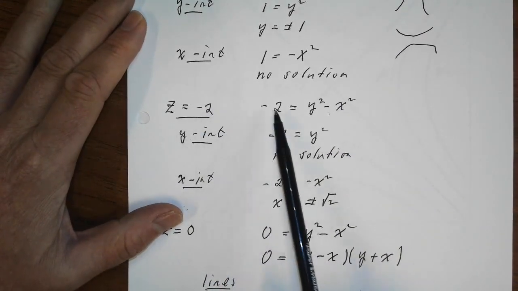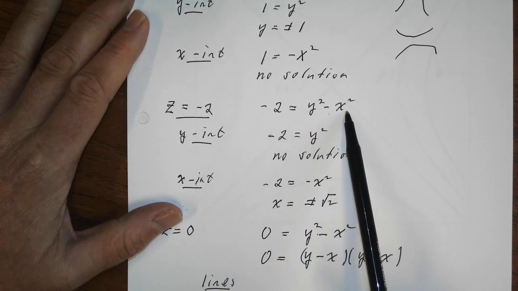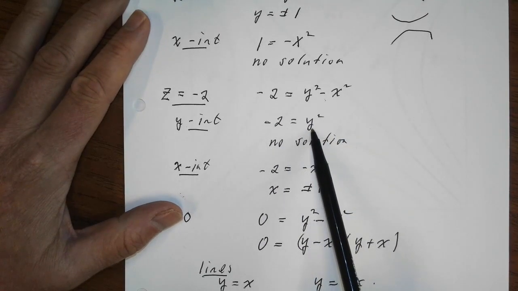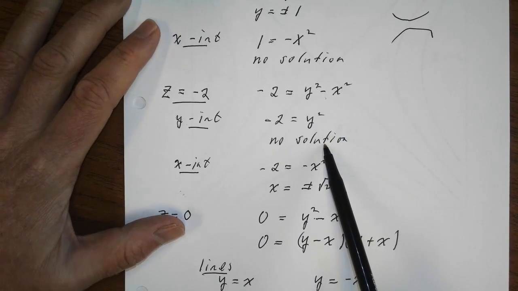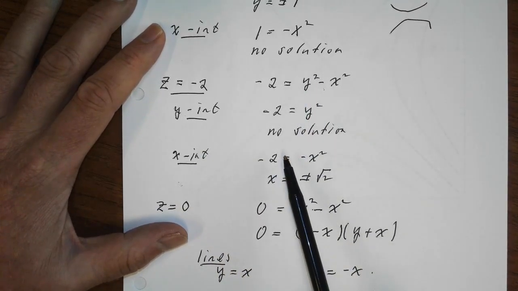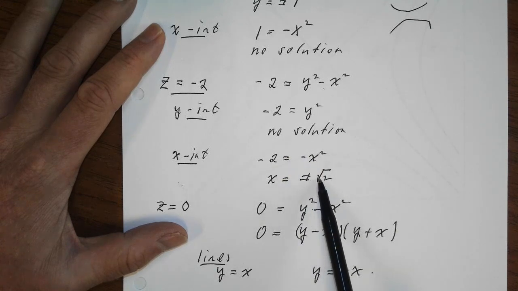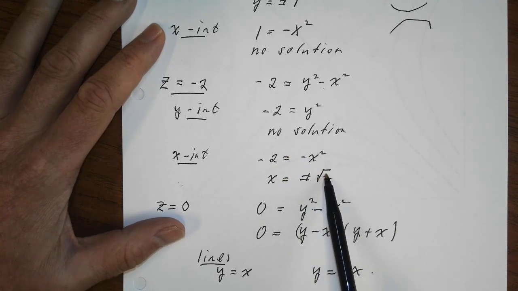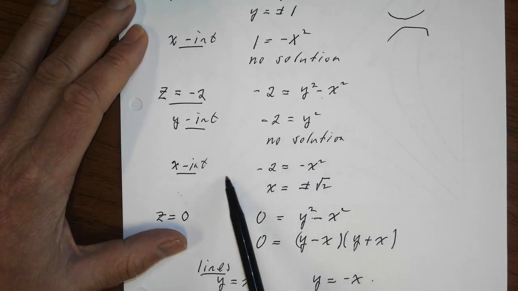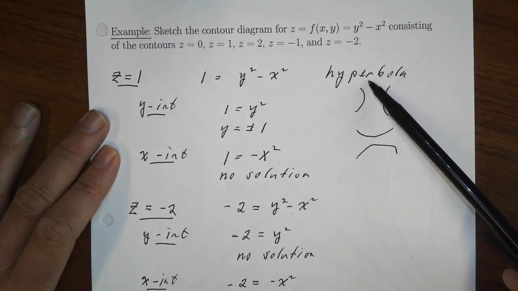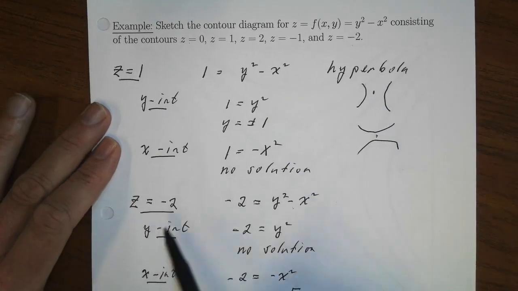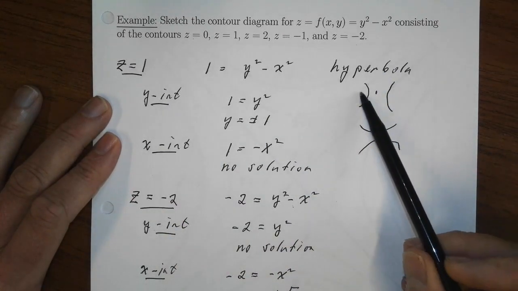z equals -2. -2 equals y squared minus x squared. Y-intercept, set x to 0. -2 equals y squared. That has no solution. The x-intercept, we set y to 0. We get -2 equals -x squared, so x equals plus or minus √2. So in this case, when z is -2, there is no y-intercept, but there are two x-intercepts, which, where the origin is right here in each case, would suggest that the contour z equals -2 corresponds to that graph.